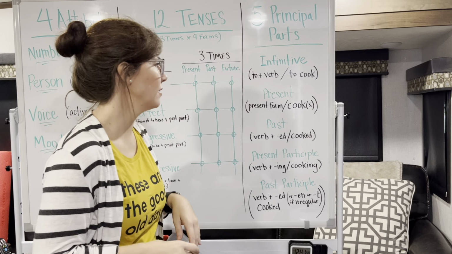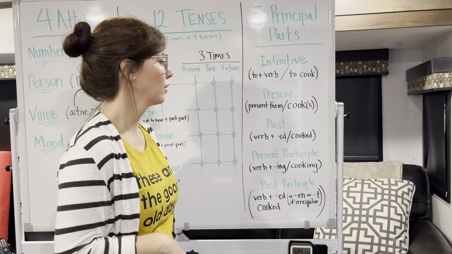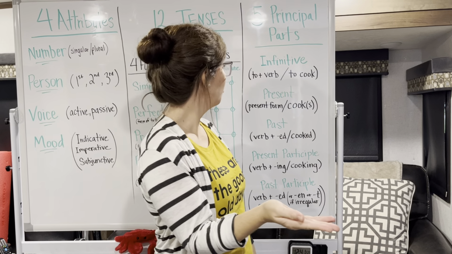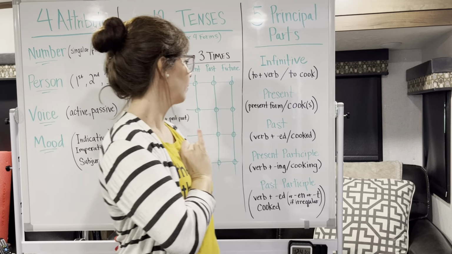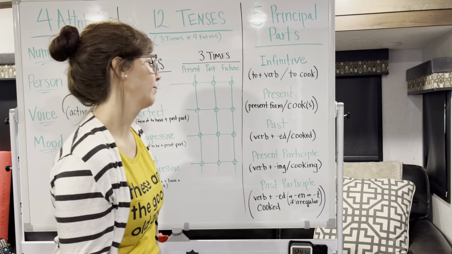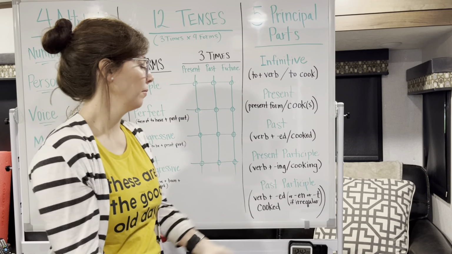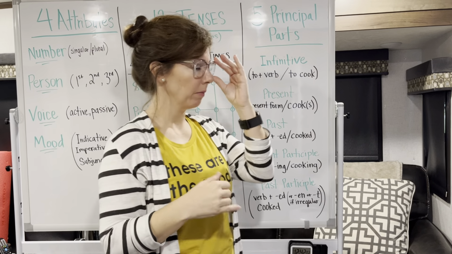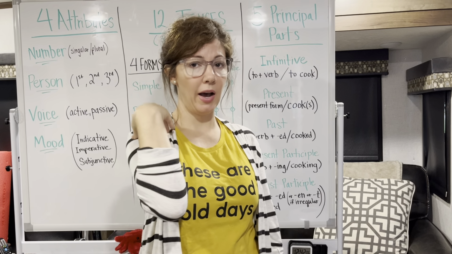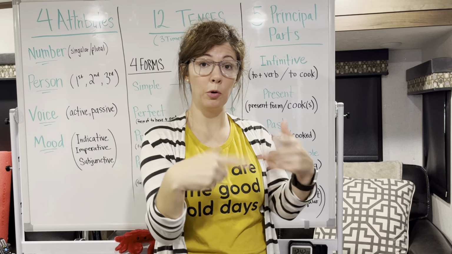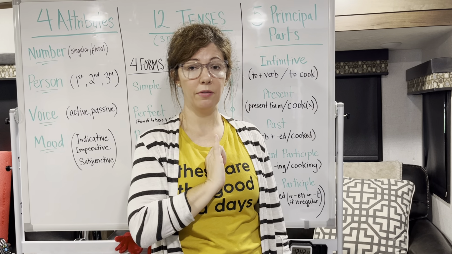All right, we could say, let's see. We'll say to bake. To bake. Bake, bakes. Baked. Baking. Baked. Okay? We have our infinitive, our present, our past, present participle, past participle.